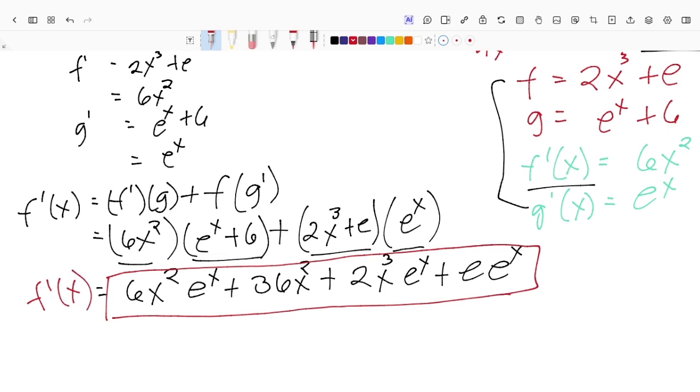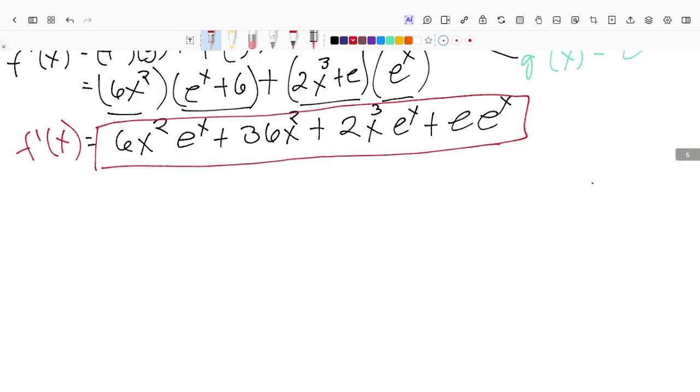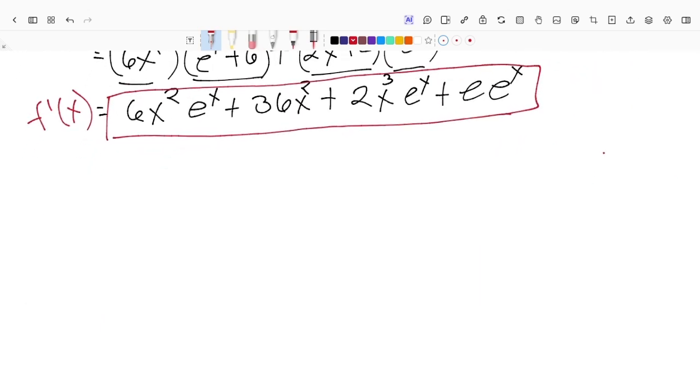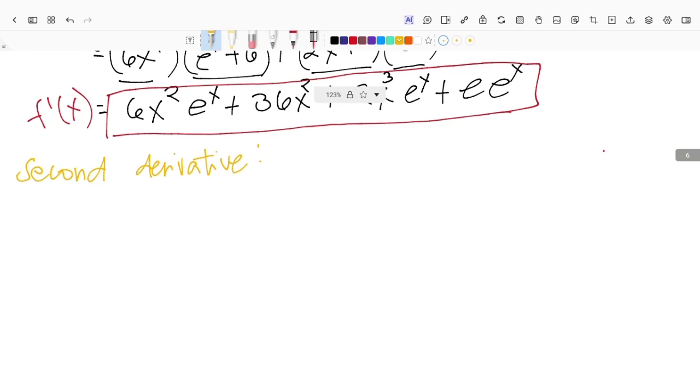Now to get our second derivative, we get the derivative of this function. Second derivative.